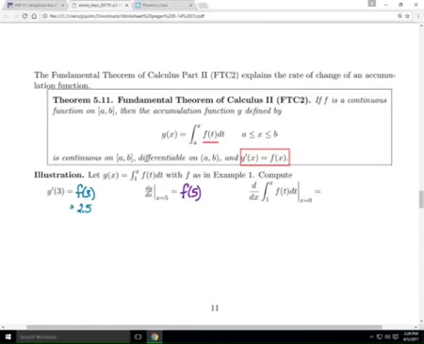Looking back at the graph, you should see that this is 0. Now, you might think to yourself, when's the derivative 0? What does that mean? Well, what it means is that x equals 5 is one of those critical numbers for the accumulation function g of x.